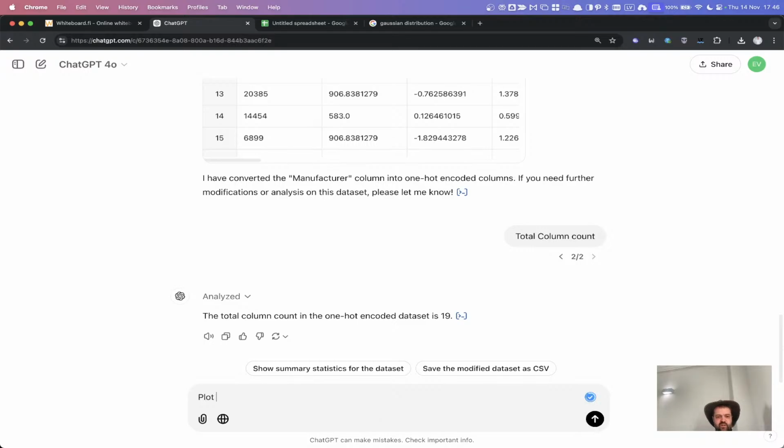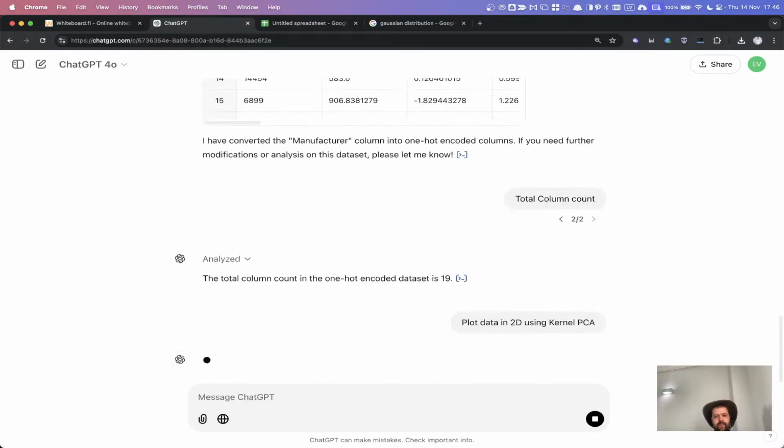Plot data in, let's say, we can try 2 dimensions, 3 dimensions, 2 dimensions using kernel PCA. Hopefully it will be good. And then we can start doing really interesting things, which you will see in a second, which helps you to understand your data.